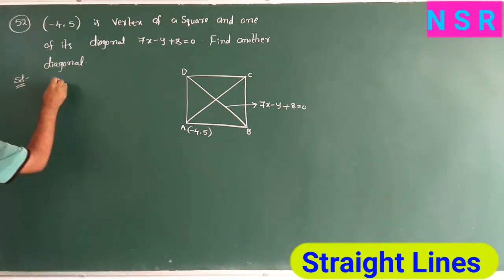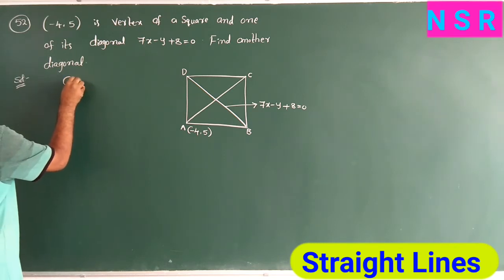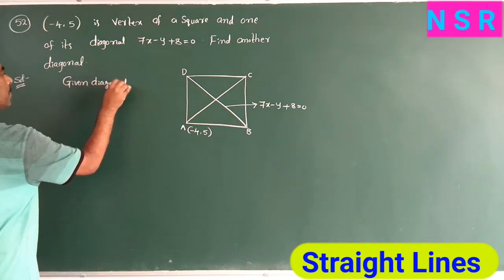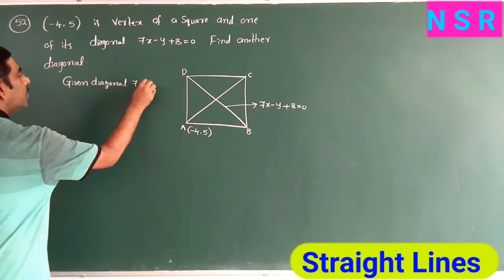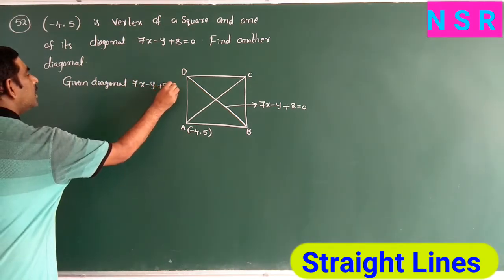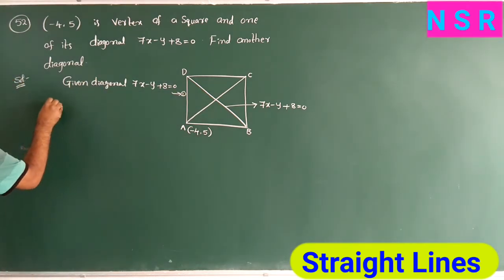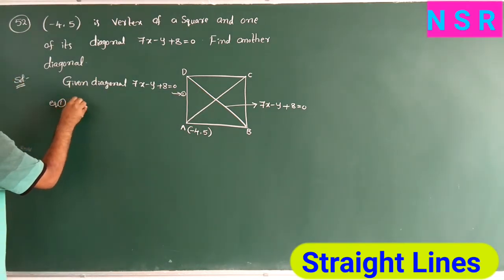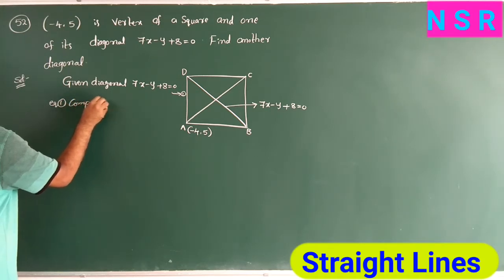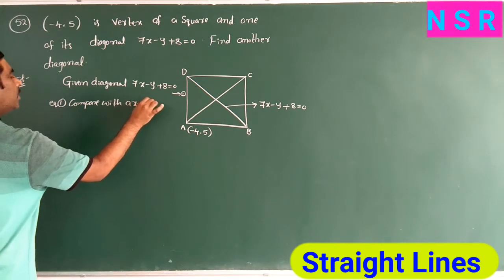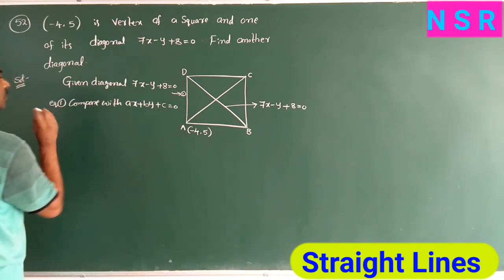So here given diagonal 7x minus y plus 8 equal to 0. Take it as equation number 1. So equation 1 compare with ax plus by plus c equal to 0.